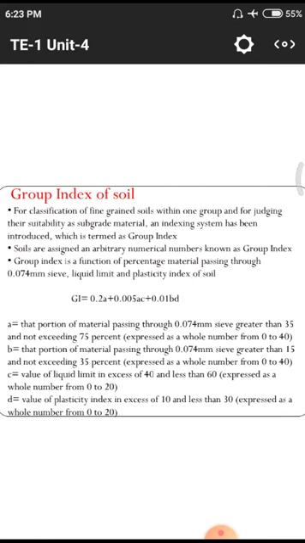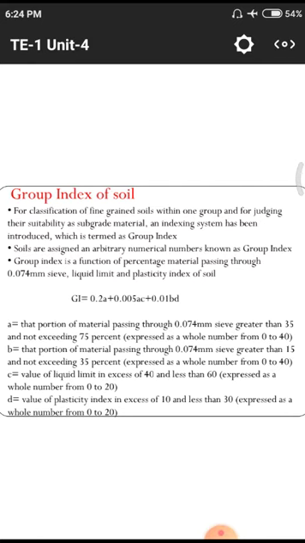Normally sand we are having in different qualities: low quality sand, medium quality sand and high quality sand. Likewise in this particular granular grained soil also we are having different classifications, so that we need to justify whether that soil is suitable or not. Whenever we are laying a particular length of road, along that length the soil strata, whichever quality we are having, we need to justify whether it is suitable for the construction purpose by using this group index.